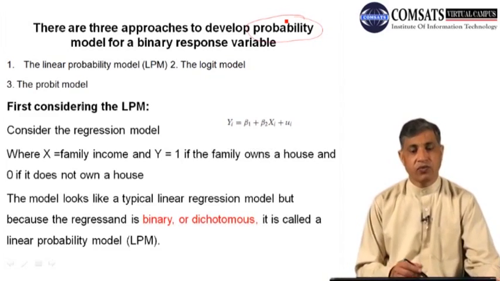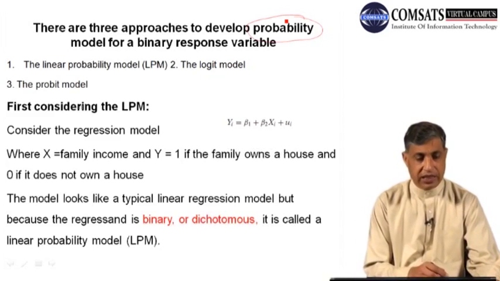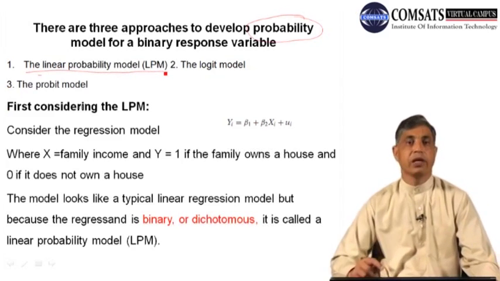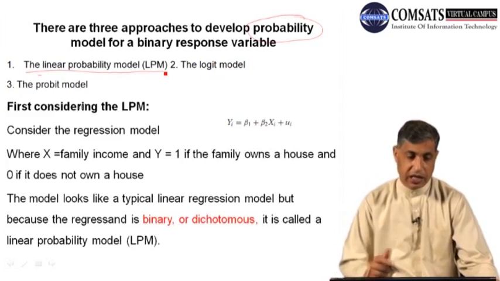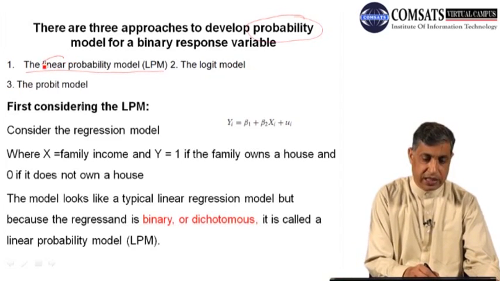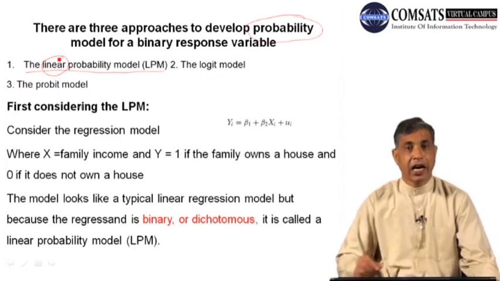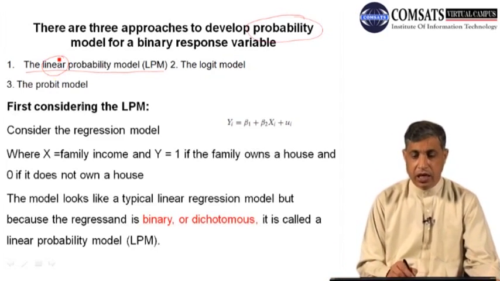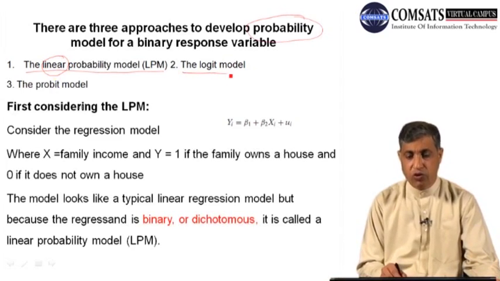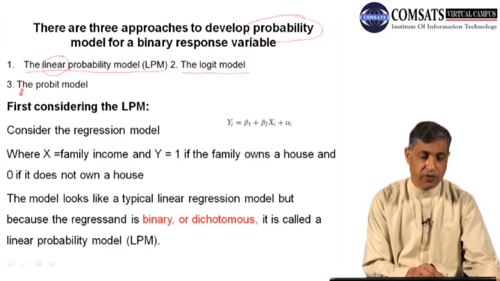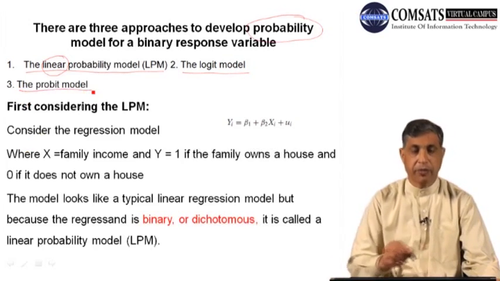The first model we can use for this is called the linear probability model, LPM. The more important thing is the word linear, and we will be discussing it in detail. At this time it is enough to just remember the name. After this we will go for the logit model, and after that the probit model.